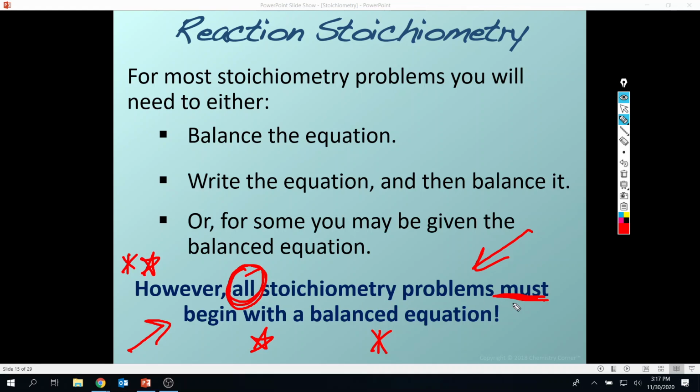All stoichiometry problems must begin with a balanced equation. Must. Then you have to back up and balance and get a balanced equation before you can go any further. If they do not start there, then you have to make them start there.